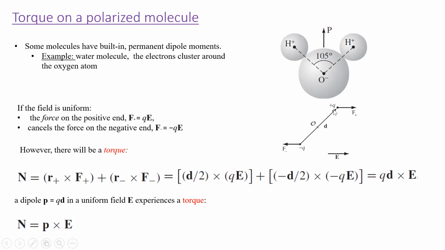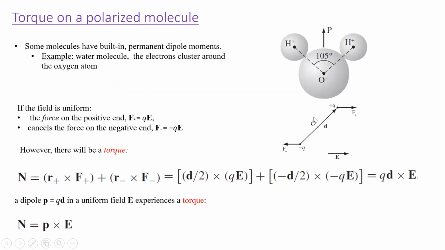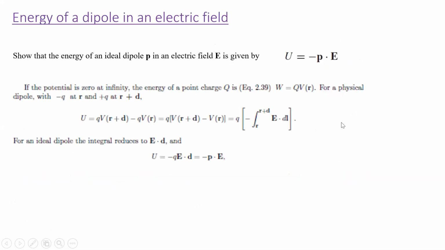So p dot E would be positive, and minus p dot E would be negative. Things like to have negative potential energy. So this dipole is heading toward its most favored state, which would be being completely aligned with the electric field, pointing straight across.